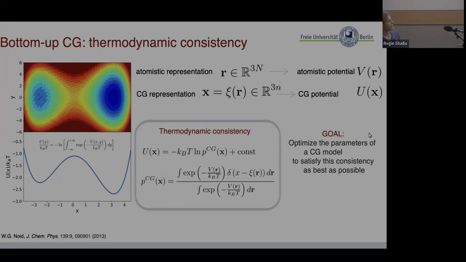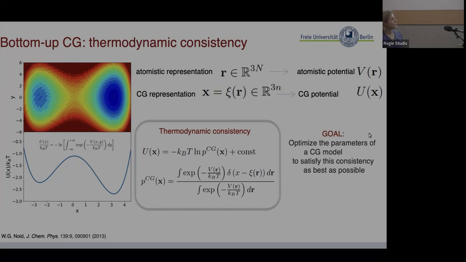So this you can write mathematically. The probability distribution of the coarse grain potential is the marginal probability of the Boltzmann distribution of the atomistic potential. Assuming you are in the Boltzmann ensemble, for these two to match, this relationship needs to hold.